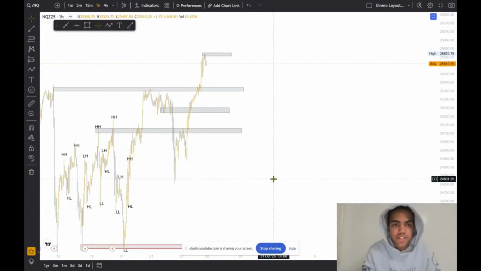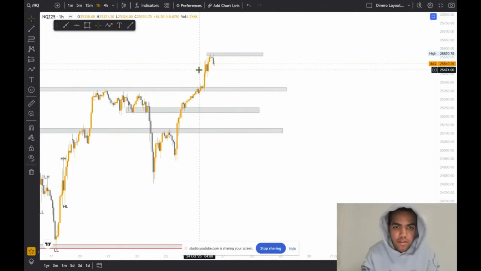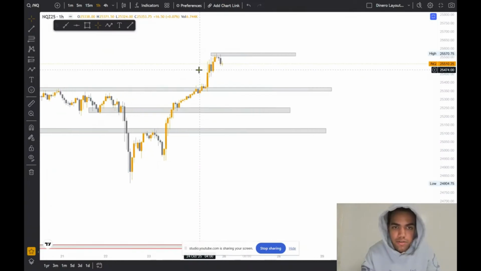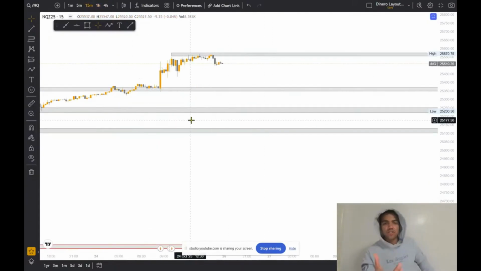What are time frames? Time frames are this. Each candle here, because these are what these are called, candles. These are candlesticks, right? Each candle is a certain time, right? So it takes a certain amount of time for each candle to close and for another one to begin. I trade the 1 hour and the 4 hour time frames, and then I look for an entry on the 15-minute or the 5-minute, meaning that if I go down to the 15 minutes, it's like imagine you're a surgeon, right?